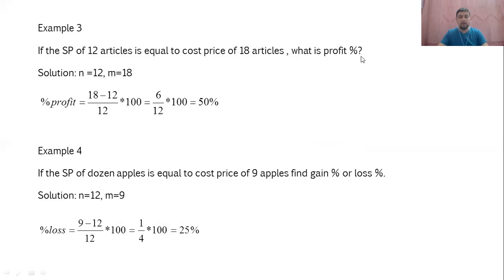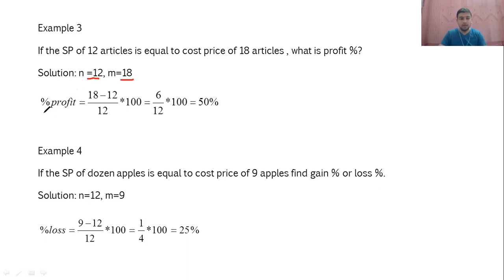We have used two notations, M and N. M is the number of articles related to CP, and N is the number of articles related to SP. So N will be equal to 12 and M is 18. So M is greater than N.